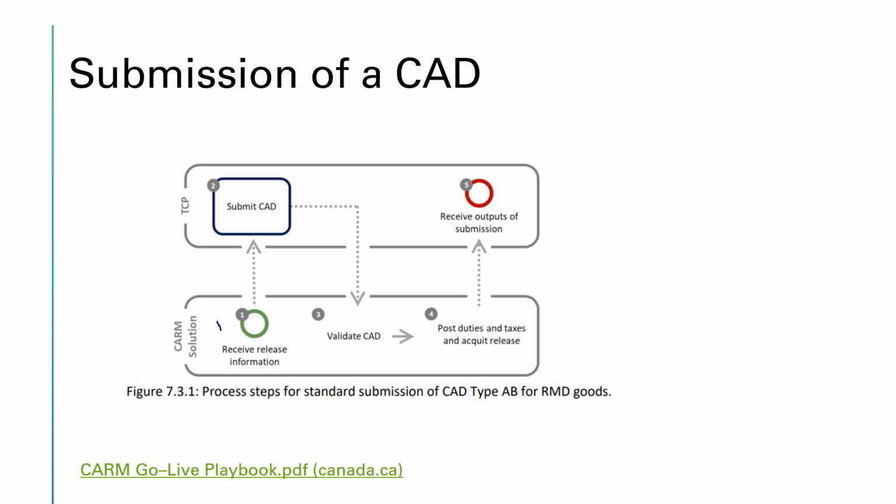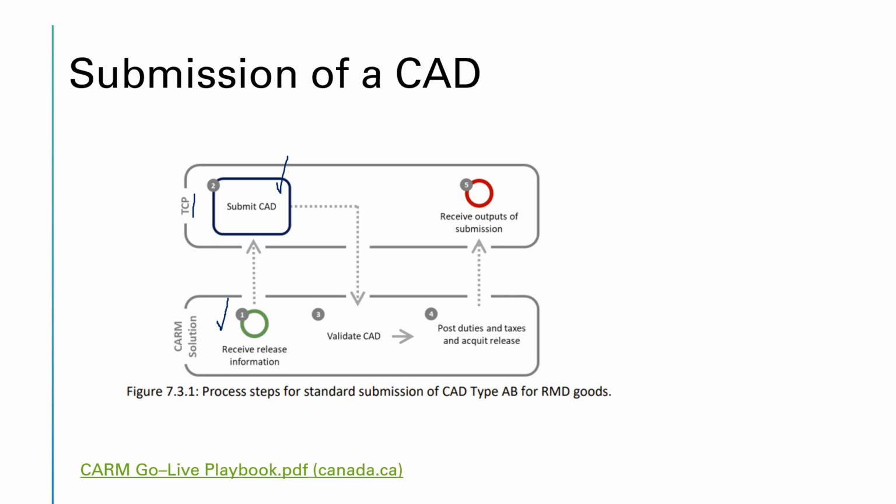Then the importer of record, or the importer or the customs broker, can submit this information. That's what they call the trade chain partner. The importer or the broker will submit the CAD form in the CARM solution, or they could also have their own system in place that connects with the CARM solution.